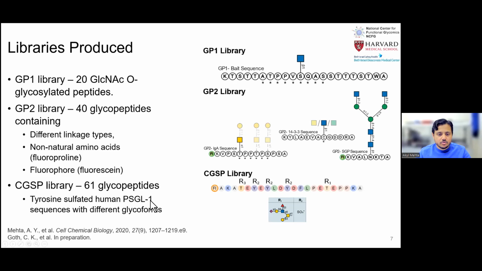These actually are the human PSGL1 sequence as well as the mouse PSGL1 sequence. And we even were able to incorporate tyrosine sulfate into these sequences and produce sulfopeptides using this method.